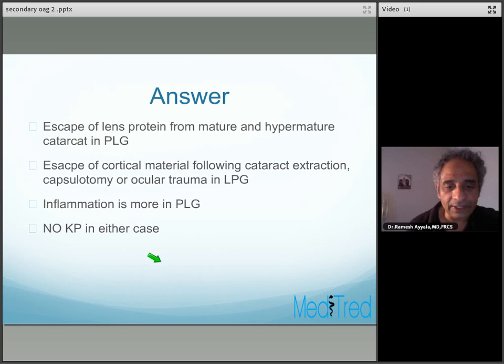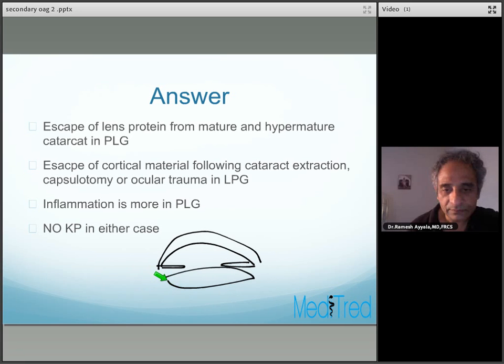Let me see if I can explain this to you a little bit better. I'm drawing two situations. One will be the phacolytic, the other one will be the lens particle.